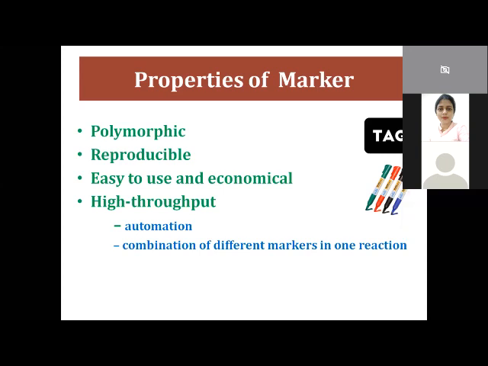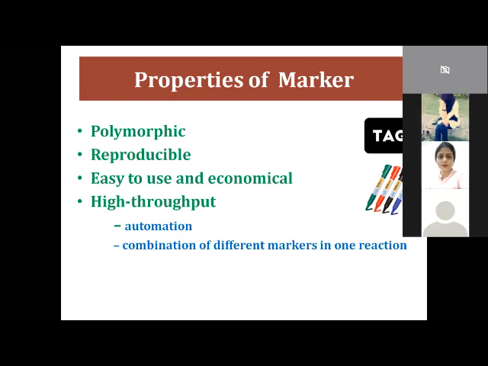I was telling, if I'm talking about the polymorphic character, this marker should be polymorphic. Suppose I'm considering one of the morphological markers. Suppose the fin color in some species is red. Suppose we have collected 100 fishes, or 1,000 or 10,000 fish, individuals of the same species, and all the fishes have red color of fins.